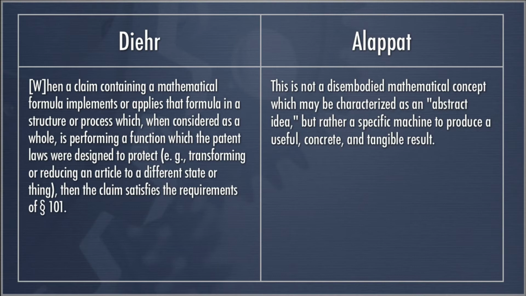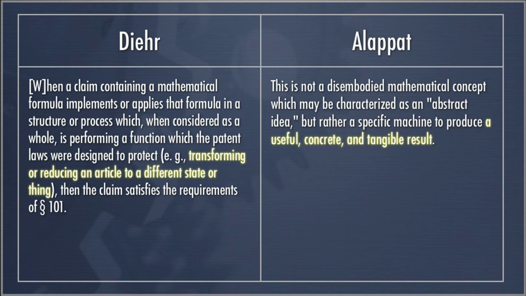Alappat, in a sense, flips that on its head and says as long as you're not claiming a disembodied mathematical concept, then you have a specific machine and therefore it's patentable, right? Nothing about this transforming, right? That transforming language drops out according to the Federal Circuit.